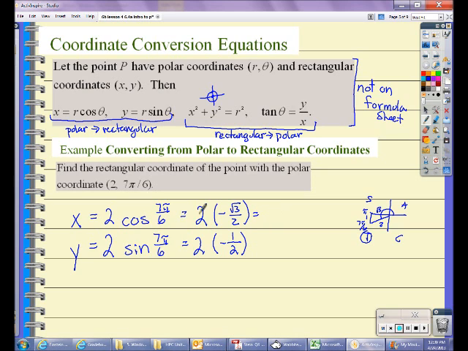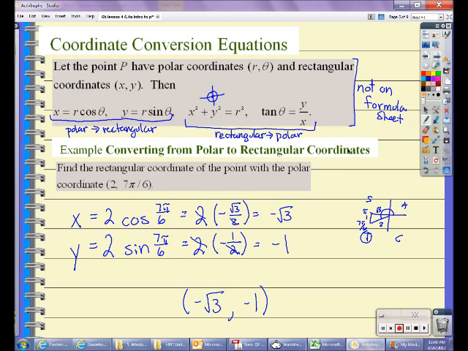So my x-coordinate, my 2's canceling out, is negative root 3. My y-coordinate with my 2's canceling out is negative 1. So my final coordinate is negative root 3 comma negative 1. Done!